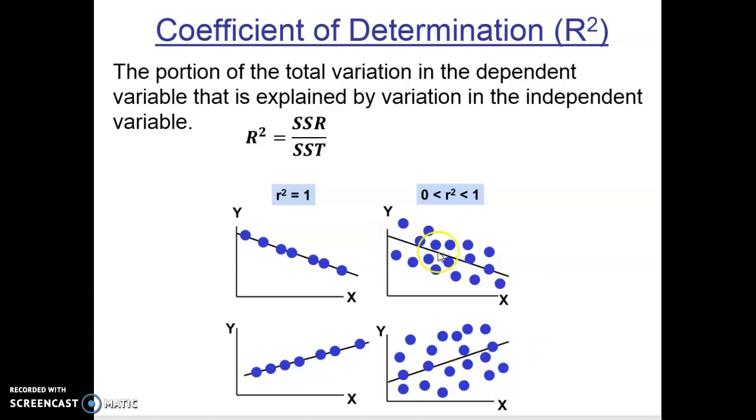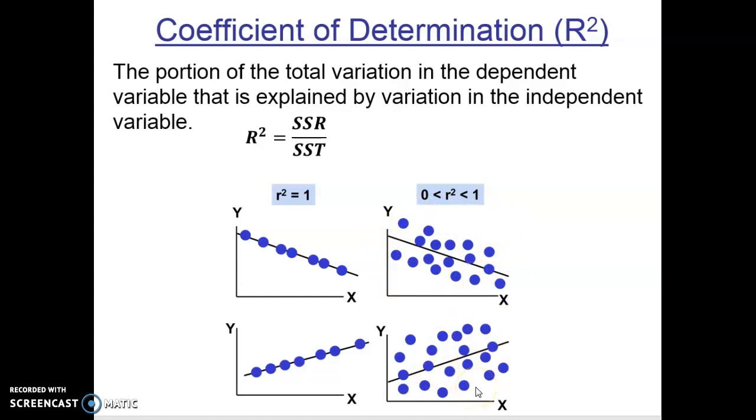Notice, again, the trajectory doesn't matter. This just shows a negative relationship between y and x. This shows a positive. But this data here happens to lie closer to our trend line than the data here, which means this data set would have a higher R squared than this data set.